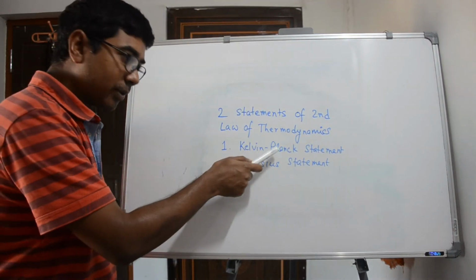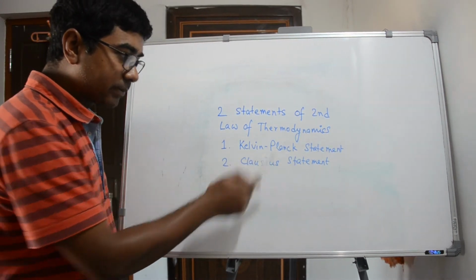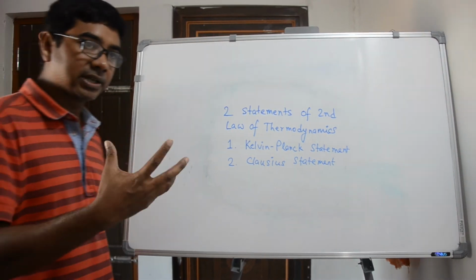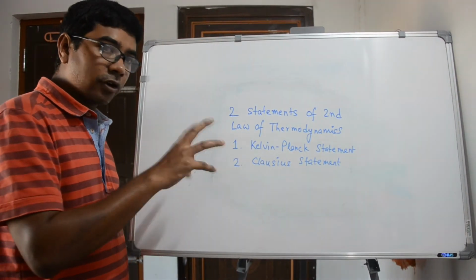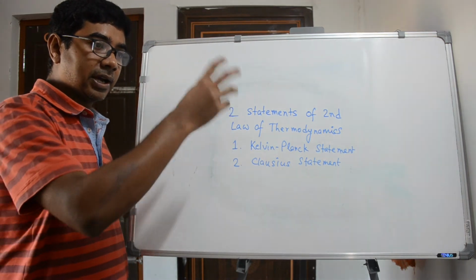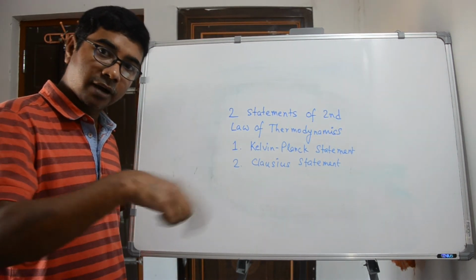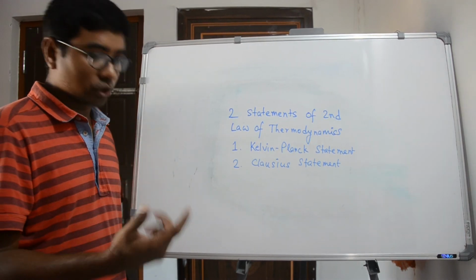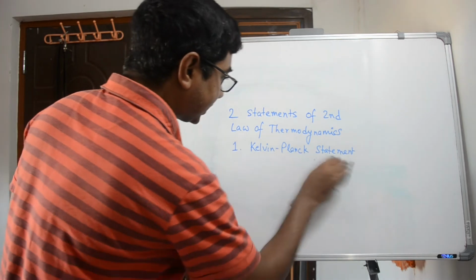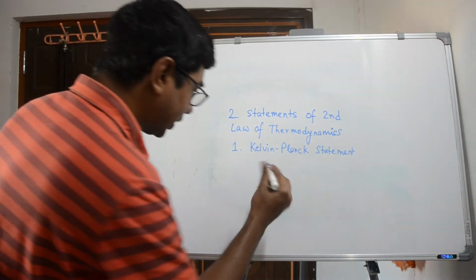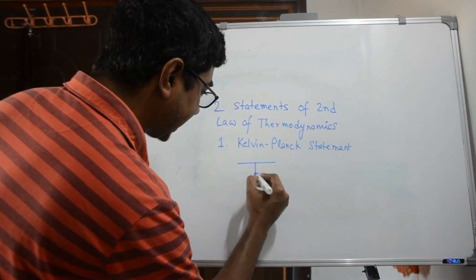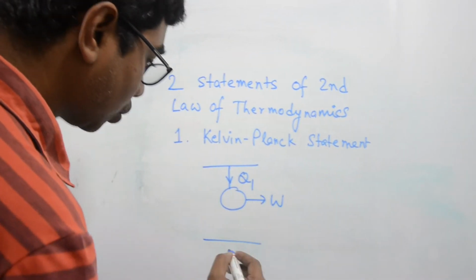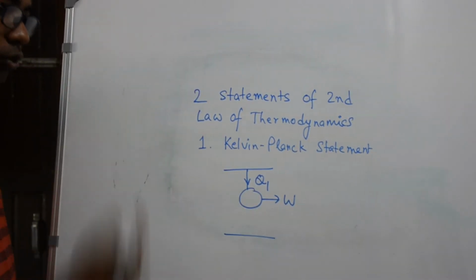Let me tell you what the Kelvin-Planck statement says. It basically talks about the heat engine, and the Clausius statement basically talks about the refrigerator. The Kelvin-Planck statement says that we can't make any heat engine which will take heat from the source and convert it 100% to mechanical output. It is not possible to construct a heat engine which will take heat from the source and completely convert it to mechanical work without giving any heat to the sink.